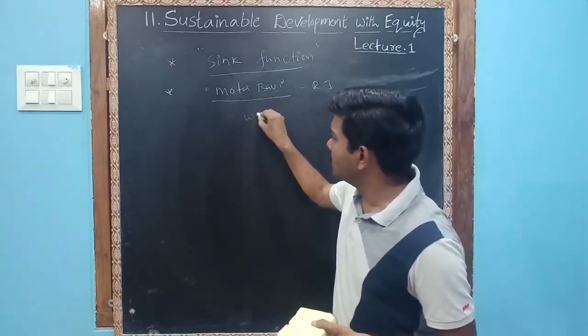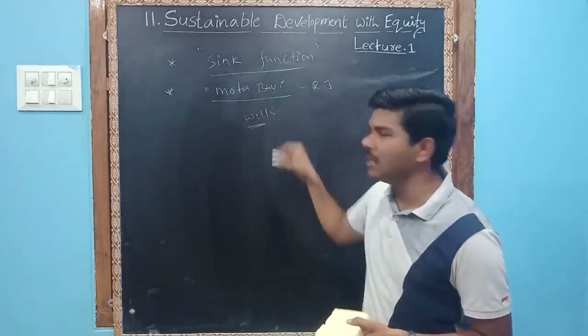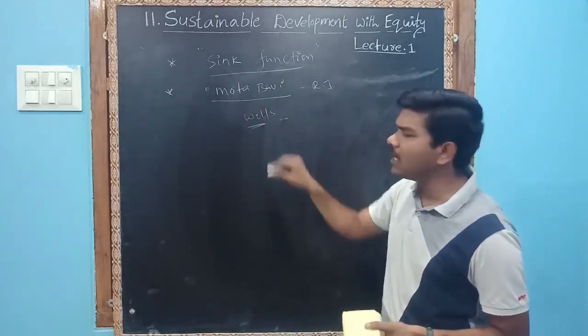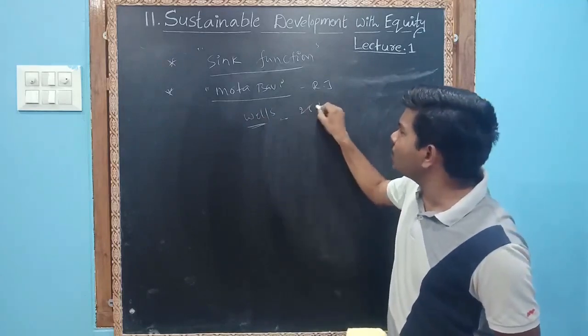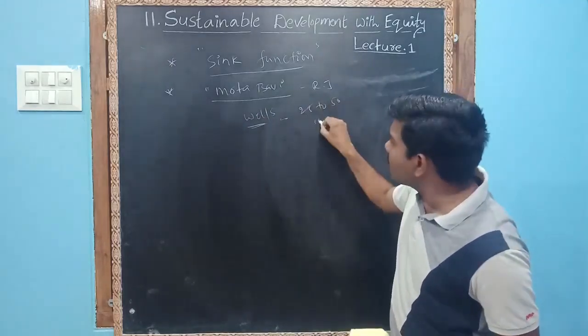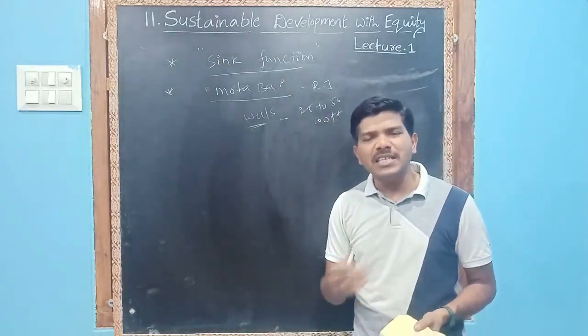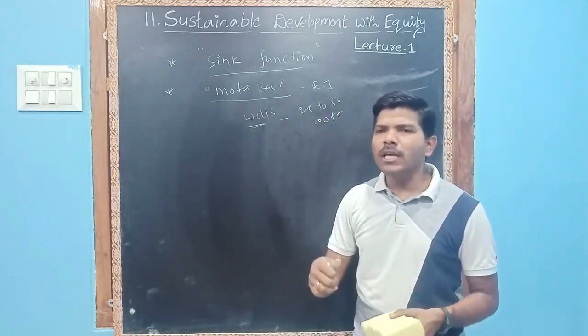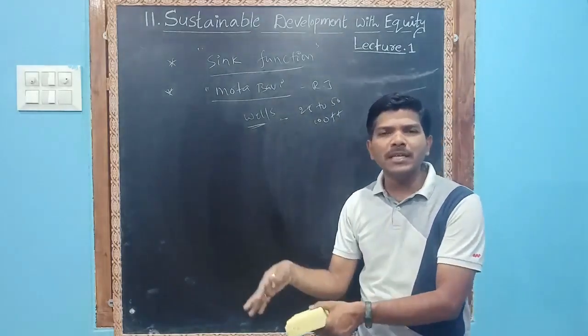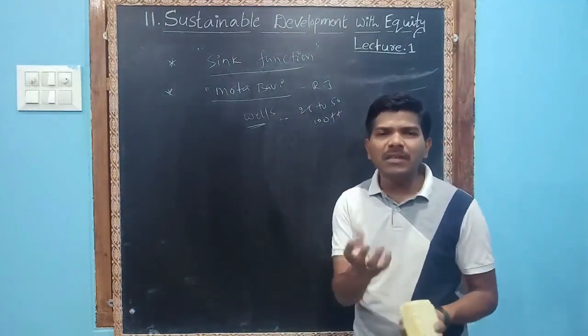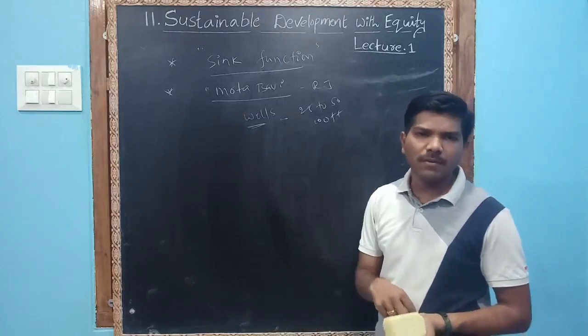Those days there were common wells, approximately 25 to 50 feet, somewhere 100 feet in depth. Whenever electricity and diesel came, slowly they put in pump sets and extracted the water from the earth.